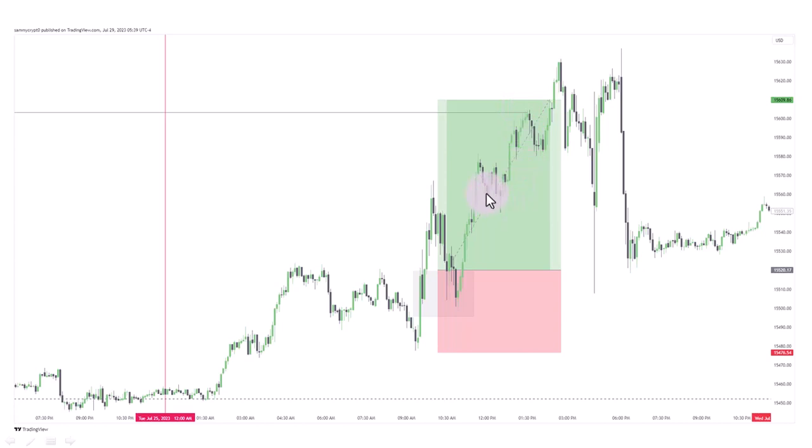Even though my risk to reward ratio would have been more, at least 2, that was just like buying in a very big premium. I don't do that. So instead, I picked my trade here from the beginning of that fair value gap and my stop loss at the end of that low. That's telling me that my chance of this trade playing out is 60 to 40, and it played out.